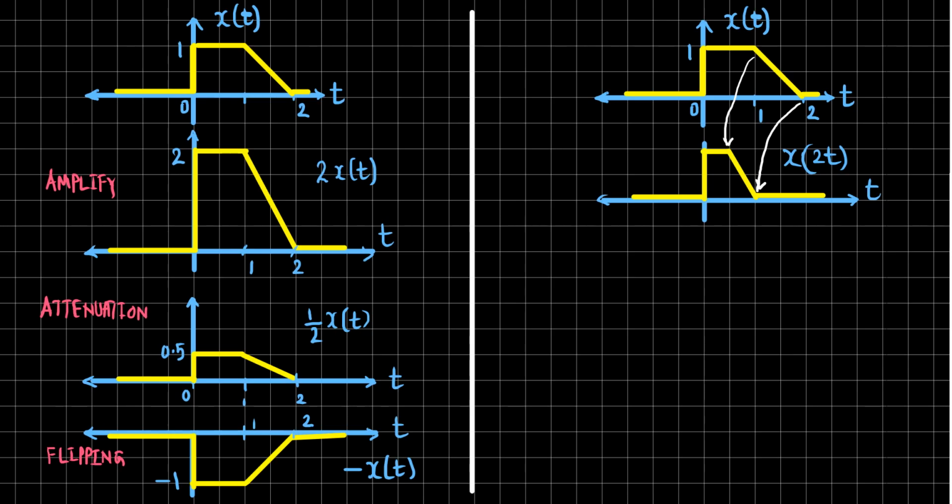Why x of 2t? Because the value that was there at t equals t naught is now present in the new signal at 2t equals t naught. This implies the new signal has the same value at t naught by 2.